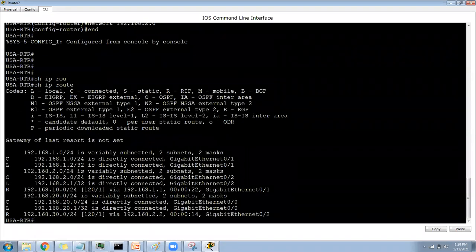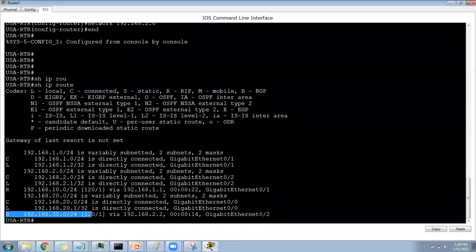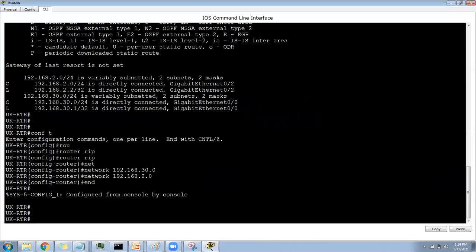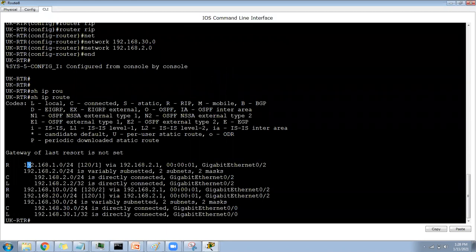Can you see? They all got the same. And finally this one also. Show IP route, right? R. So all three routes came.